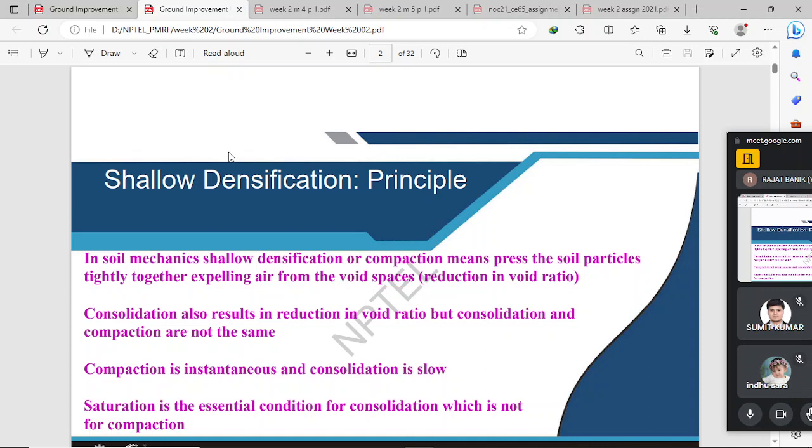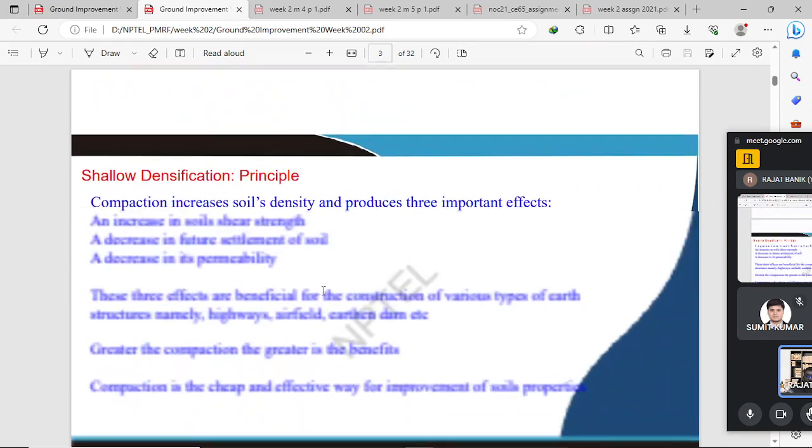But compaction is instantaneous. We apply load and expel the air voids. And there is another simple difference: in consolidation, saturation of the soil is essential, but we do not require saturation of the ground in the compaction technique.